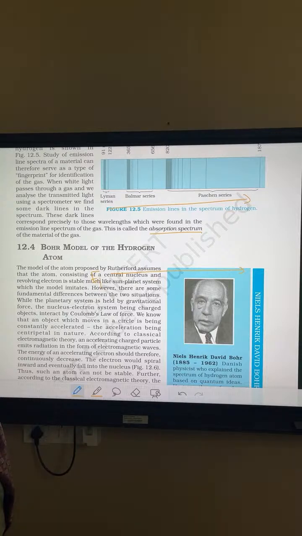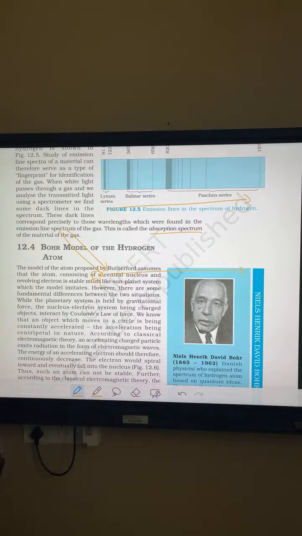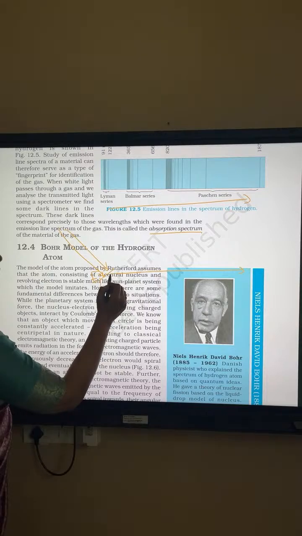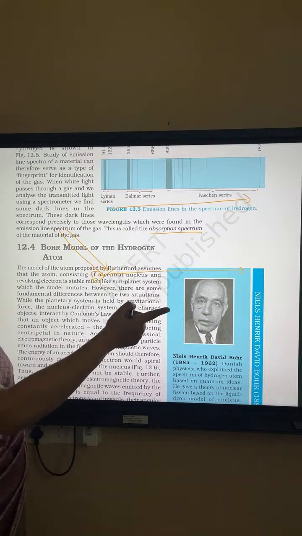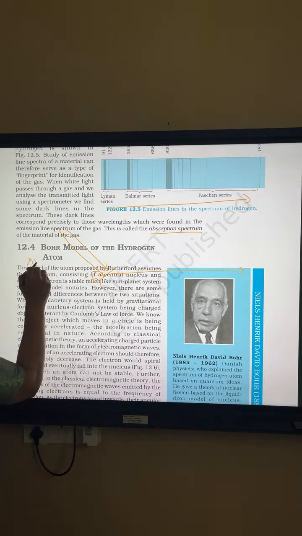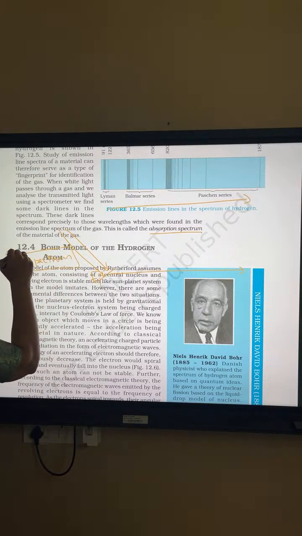If the electron absorbs energy, it is absorbing energy from an outside source, right? What is the meaning of outside source? From light, or sunlight also. How much energy is absorbed by this outermost electron can also be viewed by a spectrometer. Then that spectrum is known as the absorption spectrum.